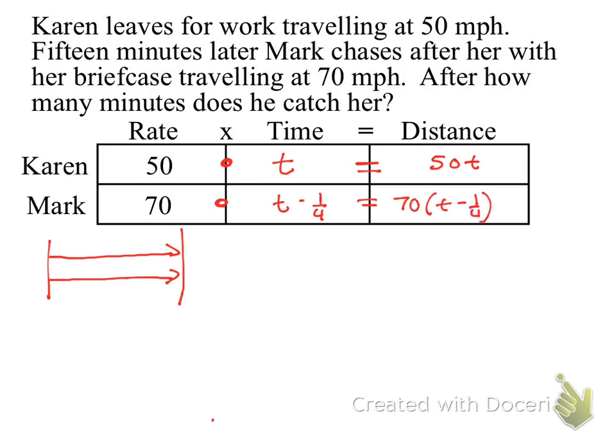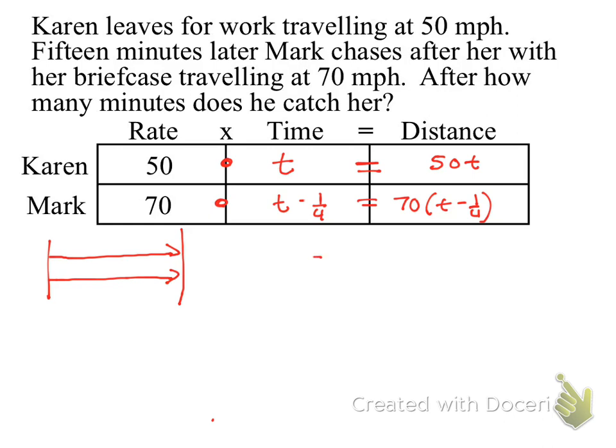Now, didn't we say this is kind of like a race? So what's implied? What is the same? The finishing point. Okay. The rate, the time, what? The distance is the same. When it's a race, your distance is the same.